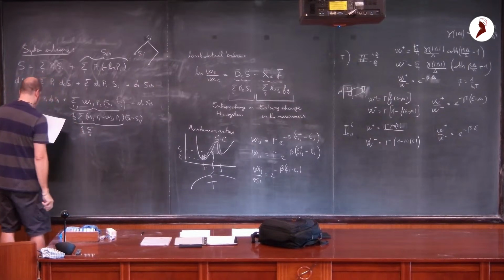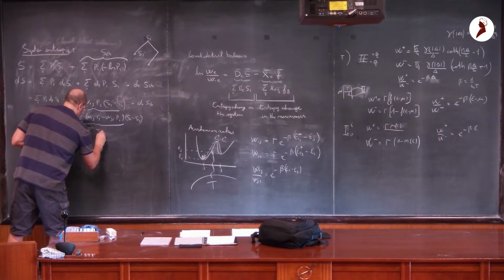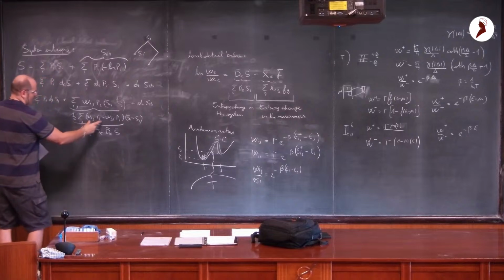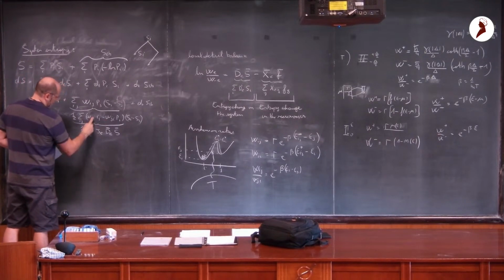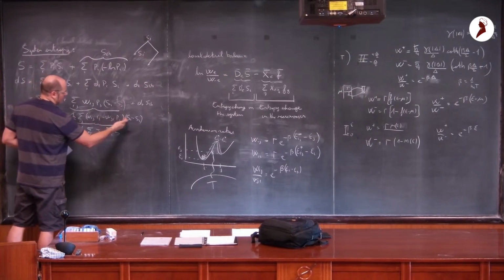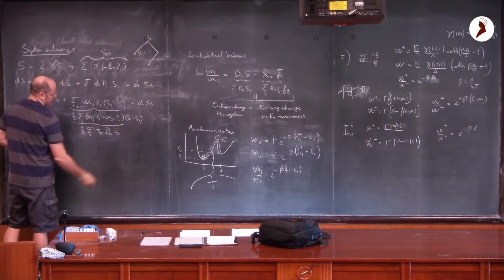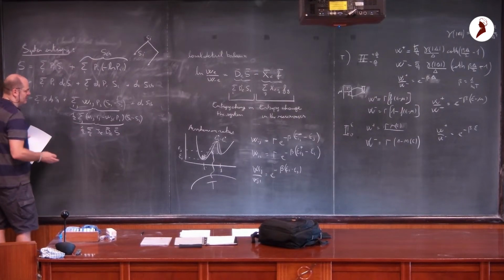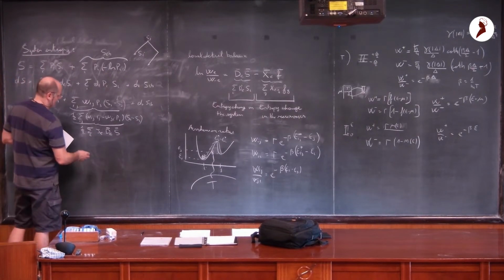That's why I still have the 1/2, J_e delta s_e, because this is the flux along every edge. Now I add additional information, which is not really important because the change of entropy does not depend on which edge creates the transition, but I can nonetheless write it like that.